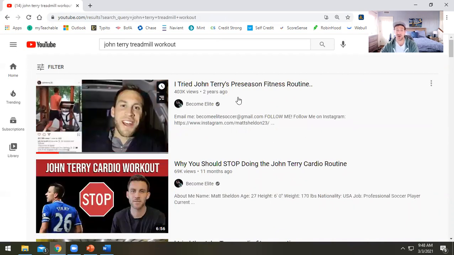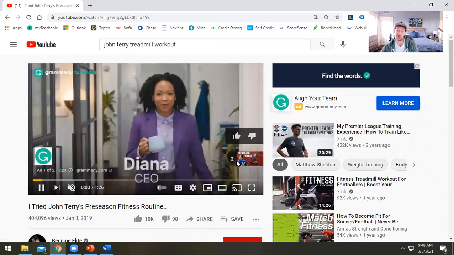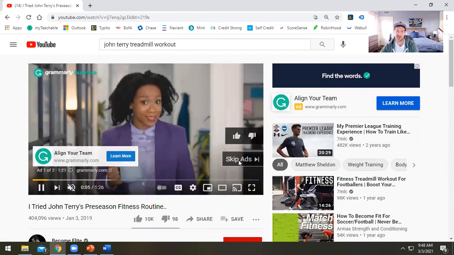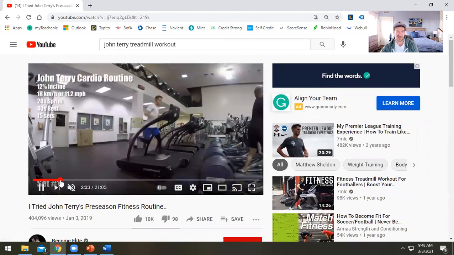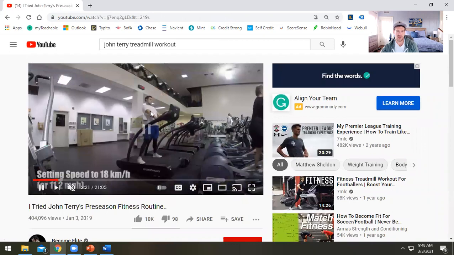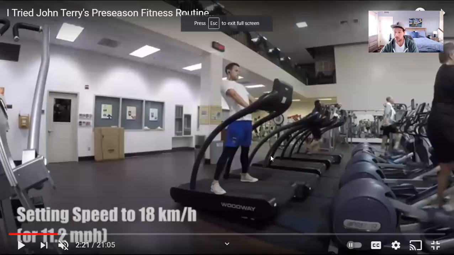So the John Terry workout, John Terry is this famous soccer player, and he has this cardio routine that he uses to get him in shape. And what it is, go ahead and skip here, is where you put the treadmill on 18 kilometers per hour, which is 11.2 miles per hour.